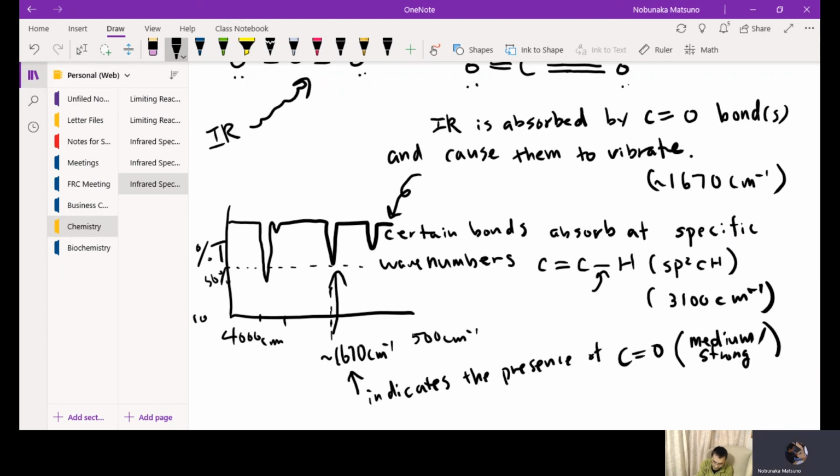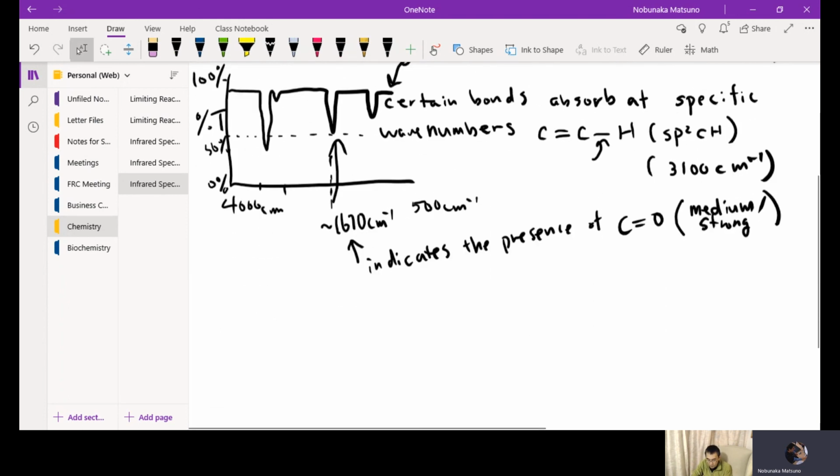Almost down here is 100% transmittance, and then 0% transmittance. 0% transmittance is 100% absorbent, because 0% is transmitted, which means the 100% is being absorbed. So keep that in mind.